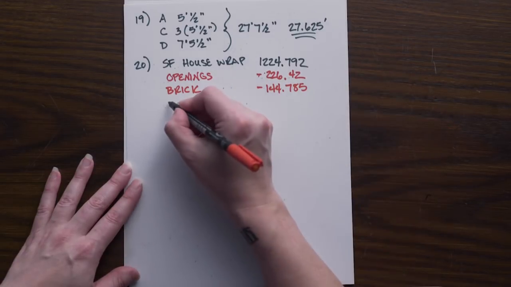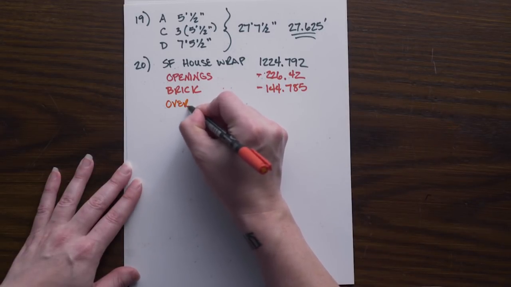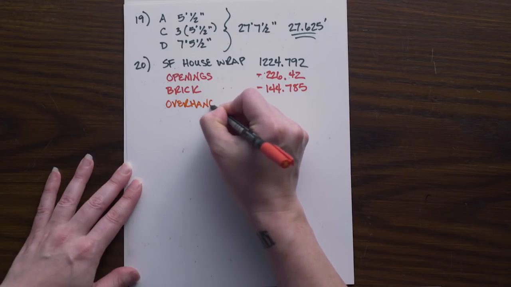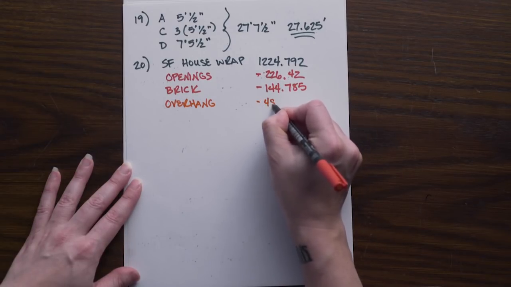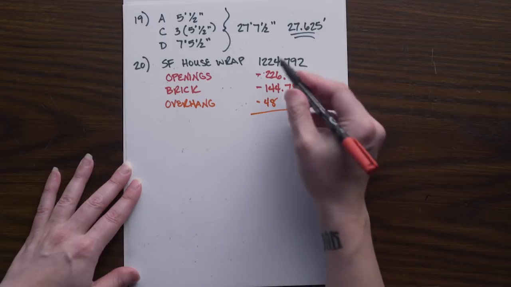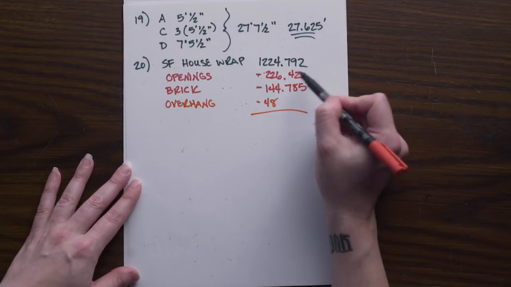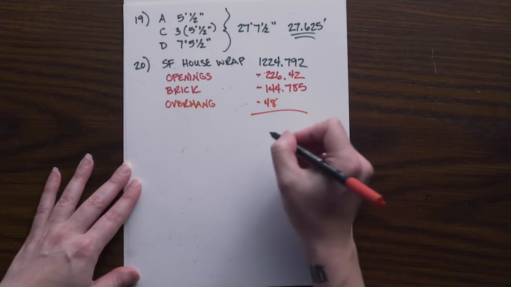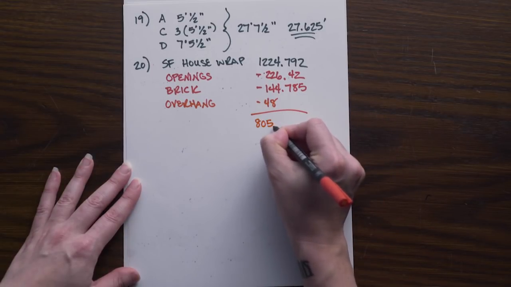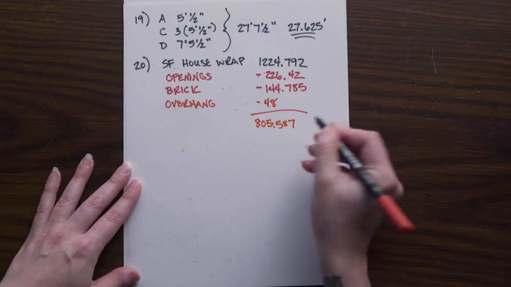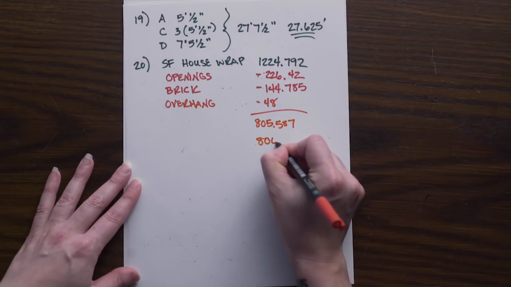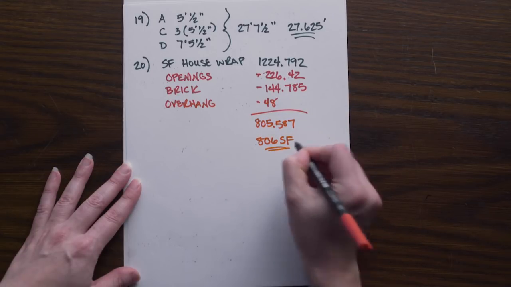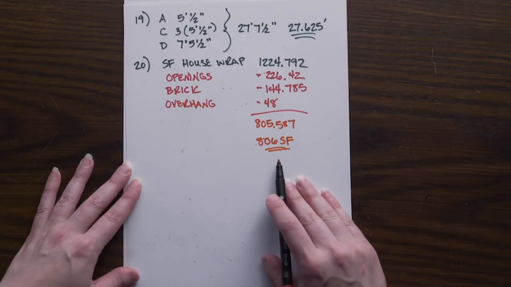And lastly, the part that is covered by the overhang is 48 square feet. So if we take our 1225, subtract out the 227, the 145, and the 48, we end up with 805.587, or roughly 806 square feet of vinyl siding that we have for the structure.